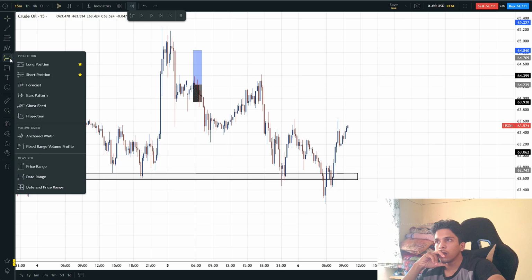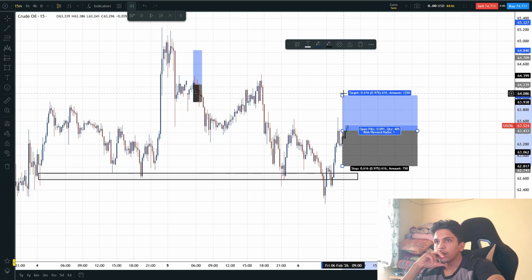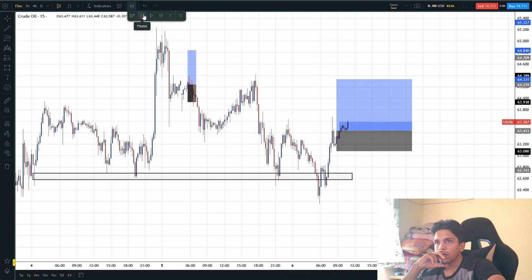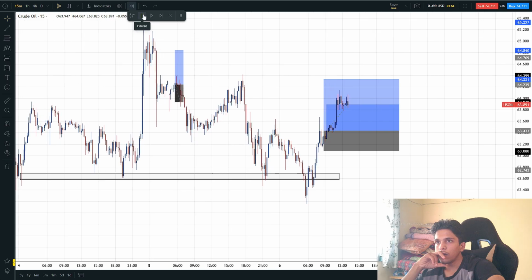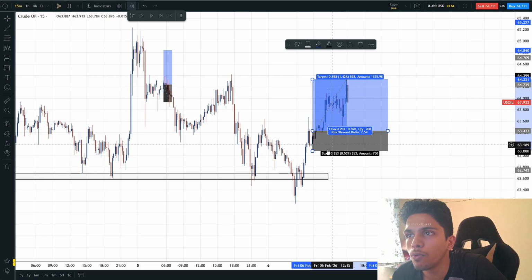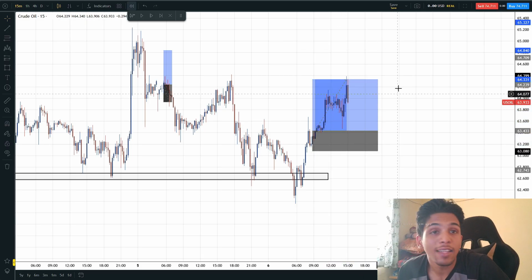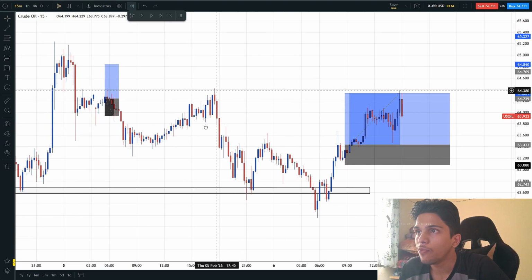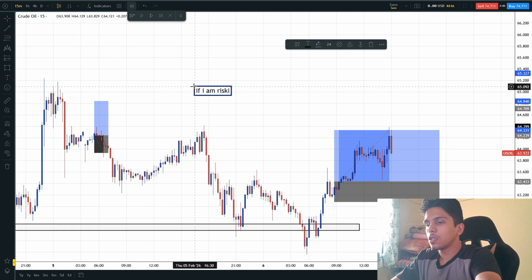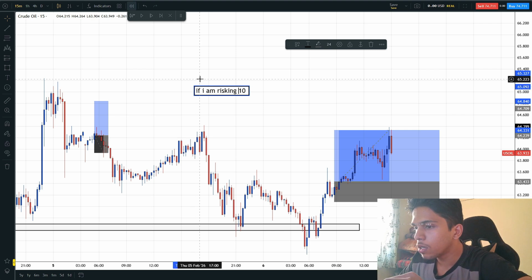Okay, a little bit I am interested in this area, to get at least from here to there 2.5. Okay, a little bit, there is not too much gap. Okay, we have gotten a 1:2.5, and as you can see here, if I am risking $10, where is the dollar sign?